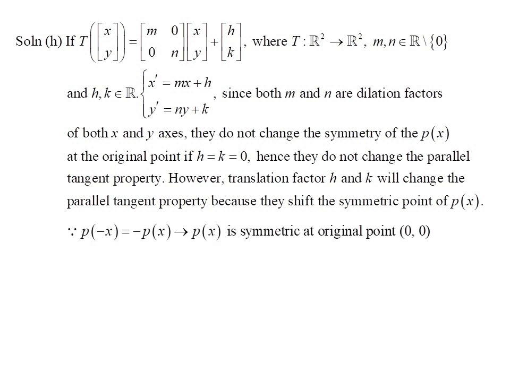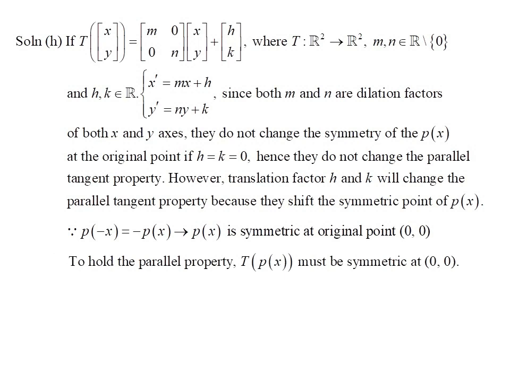If a function holds the property that parallel tangents occur at x equals negative t and x equals t for all t not equal to 0, it must be symmetric about the origin.